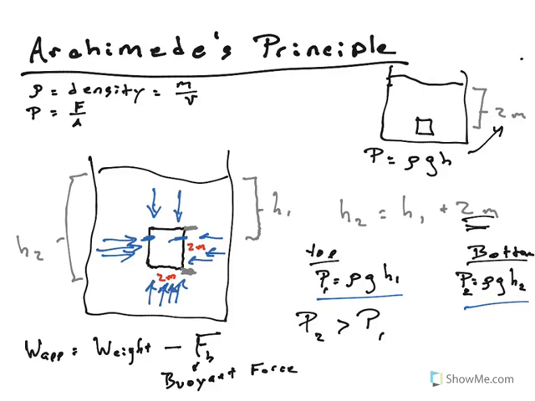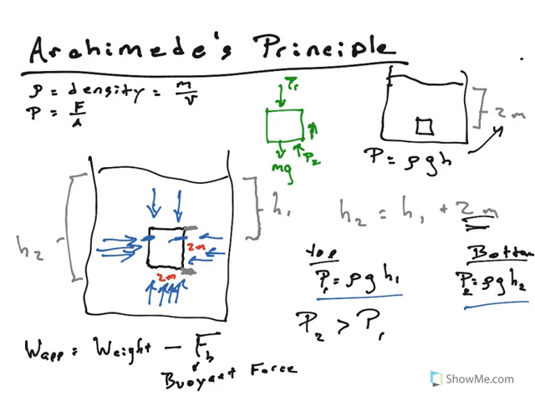So, just looking at a little picture of the box, what are all the forces? Well, you've got mg, gravity, that's the weight of the box. You've got P1, and then you've got P2. And since P2 is bigger than P1, there's a little bit more force pushing up that's not balanced by pushing down.